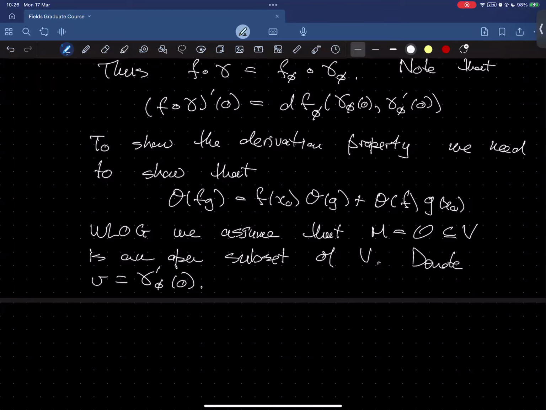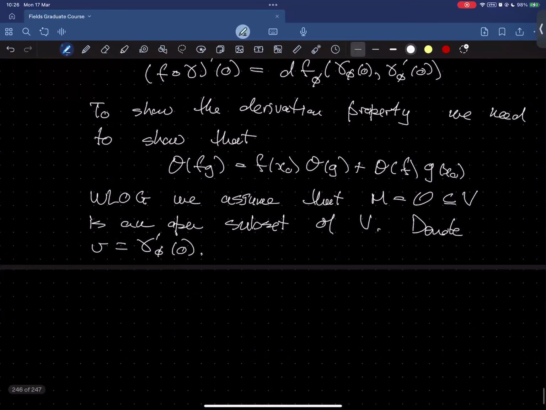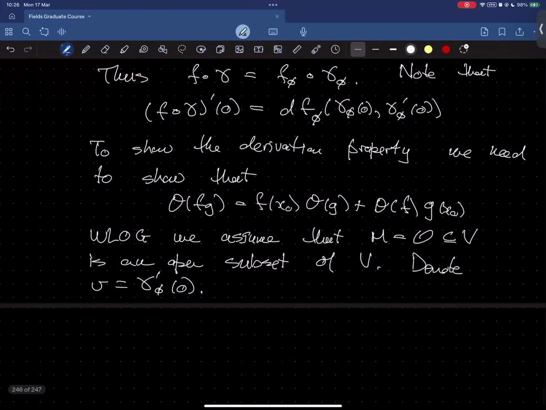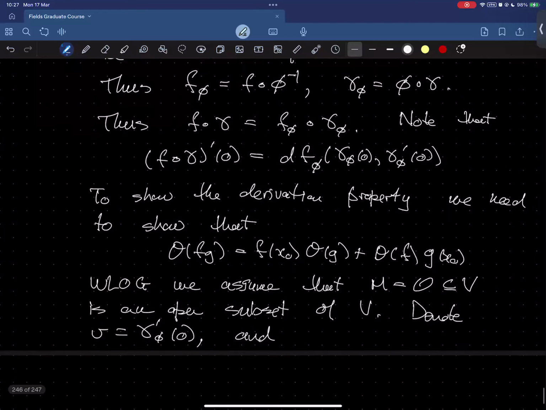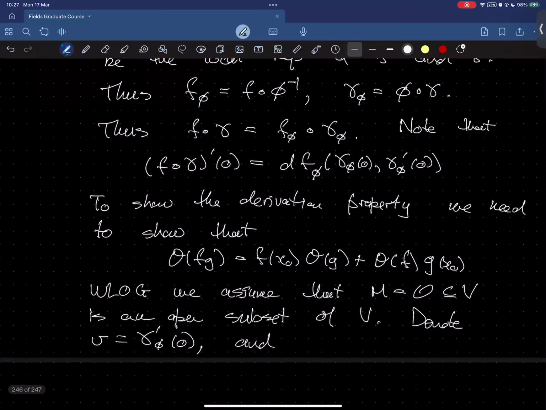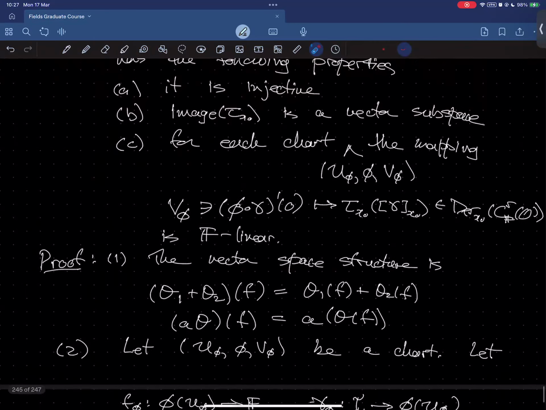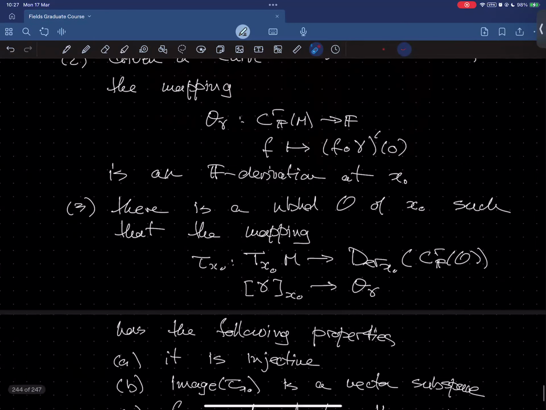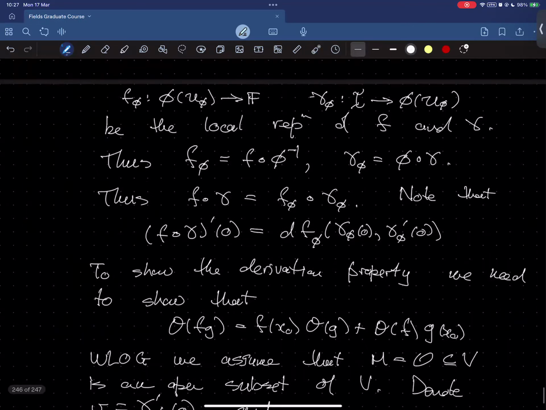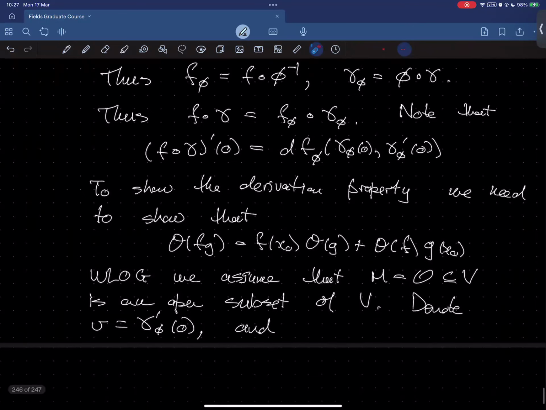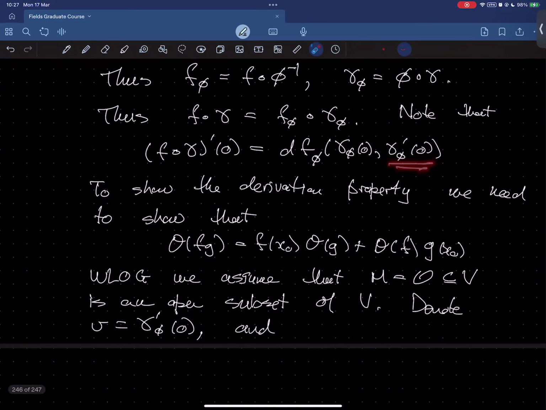Okay, so my expression here for this derivation depends on gamma, okay? But as I've said a few times already, this only depends on gamma prime at 0, okay?